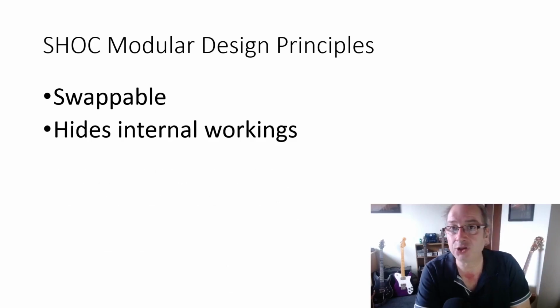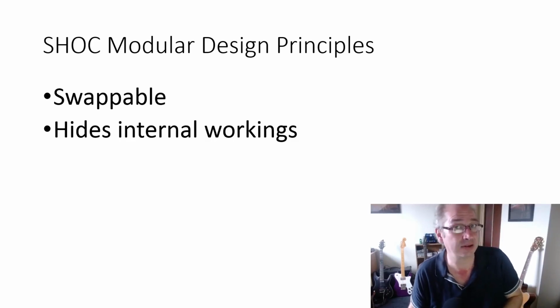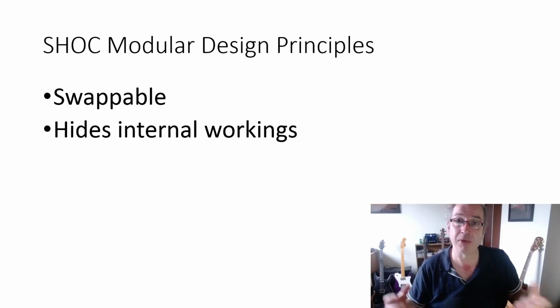The H in SHOC, modules should hide their internal workings. So data, for example, if it's using data, then the client shouldn't need to see that data really. How is it doing it? So the example I've used in training is if you're calculating the area of a room for a fitted carpet, and it begins with the client knowing that a room has a width and a length, there's a getter and a setter, and it gets the width and the length and multiplies them together.